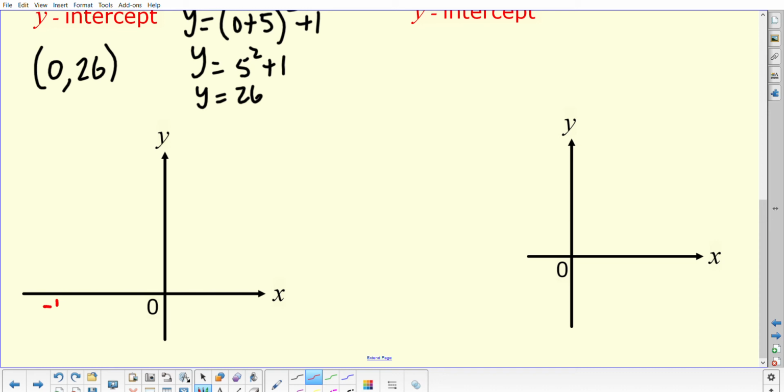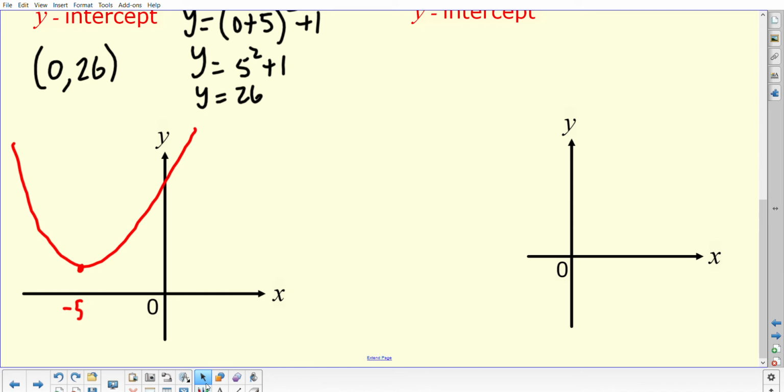So the turning point is at the point (-5, 1). So go a wee bit to the left of the 0, and up 1. That would be my turning point. And then I'm going to sketch the shape of the graph here because I know it's going to come down and it's going to do that and then go back up again.